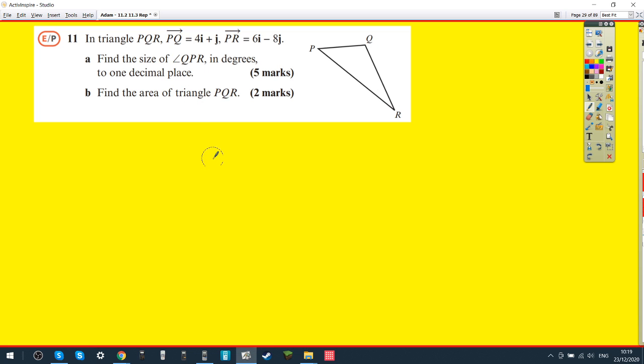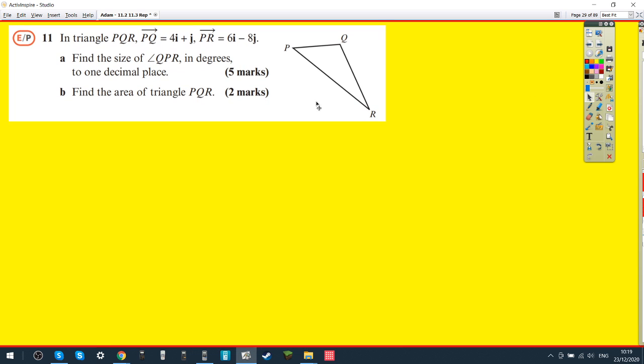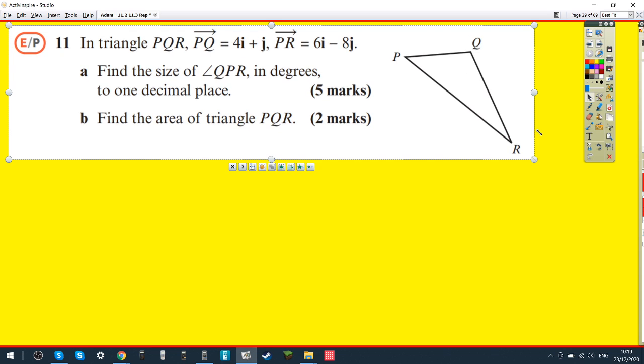Let's see. So this looks very similar. I don't want to do any more of this stuff. Maybe I'll put this before the previous one. Find the size of this angle Q to P to R. So P to Q, you would just use Pythagoras for that.